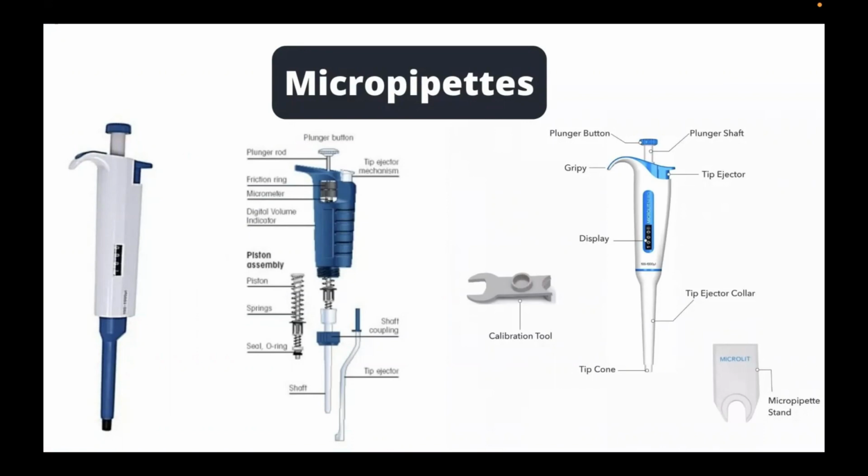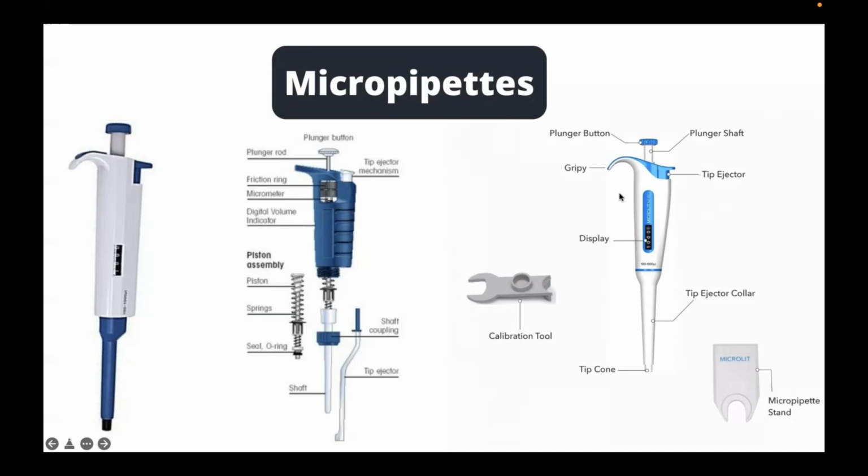And i-share ko lang po na ang ating pipette, ito ay isang recall question on your March 2022 Licensure Board Examination for Medical Technologists. So it will be further discussed on your clinical chemistry, yung mga to deliver, to contain, different types of pipette. But for molecular biology, let us focus on your micropipettes. Again, micropipettes po ang focus natin dito kasi sa different sections of MolBio, talagang ginagamit ang micropipette.